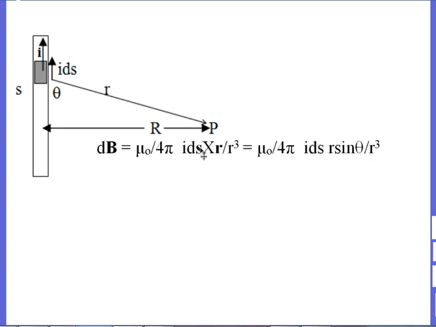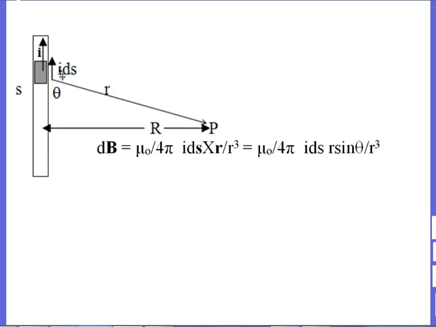And that i ds cross r is going to be i ds r sine theta. So I replaced the cross product by that sine theta and the magnitudes of those two. So now we can go back to an r squared. This was going up, the direction of that vector, and this r was going this way, and so you need to put them tail to tail.